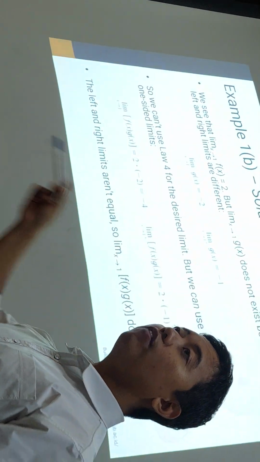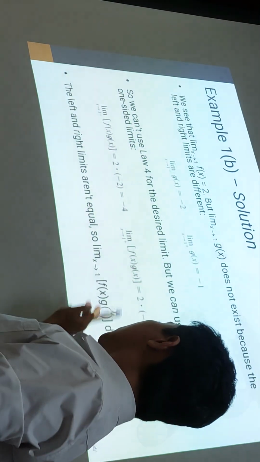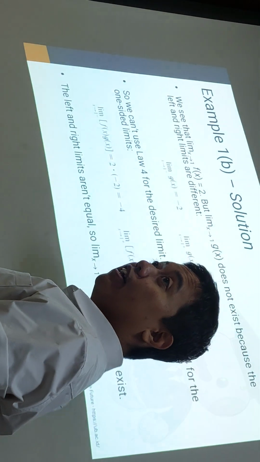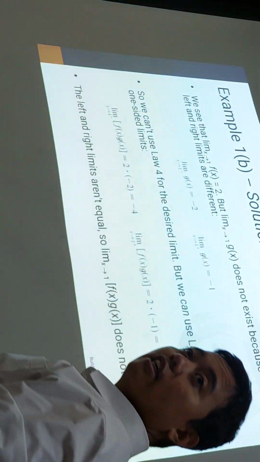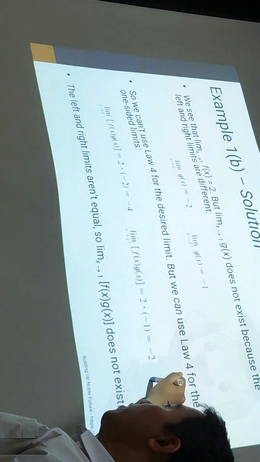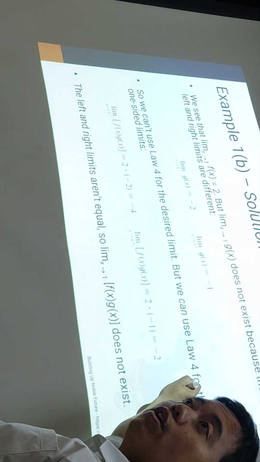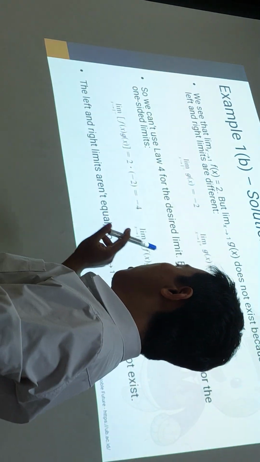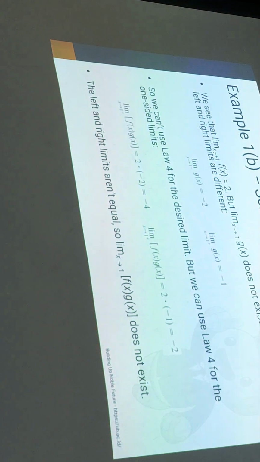If the result is equal, we can define that it exists, but for this one the result value is different: left and right is different, negative 4 and negative 2 is different. So we conclude that the left and right limits are not equal.